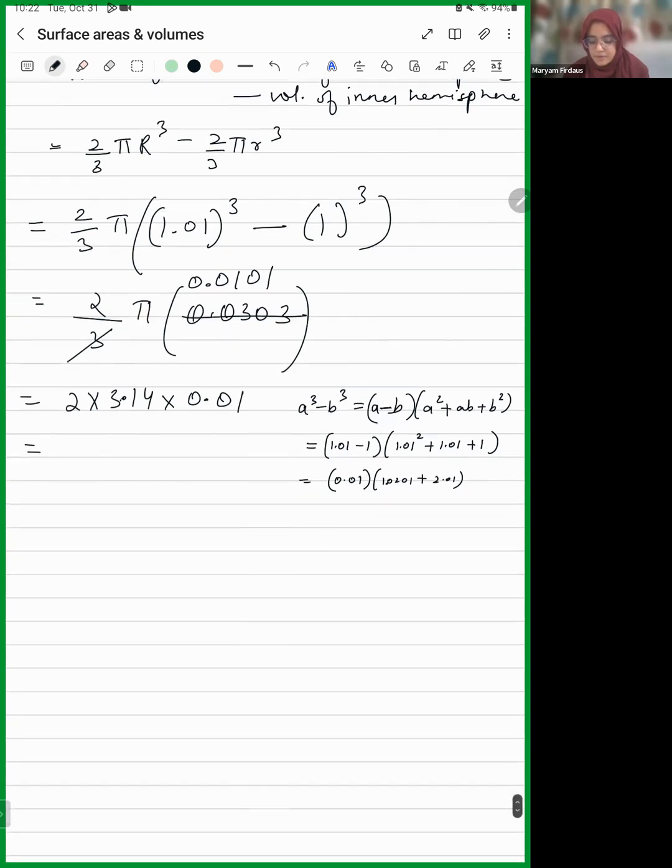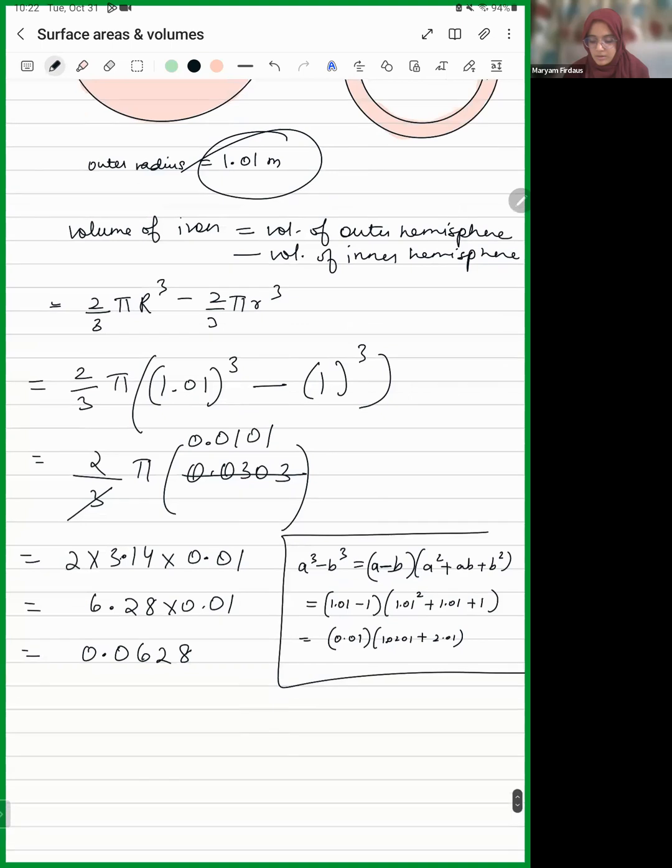So that's going to be 6.28 into 0.01, which is 0.0628 meter cube.